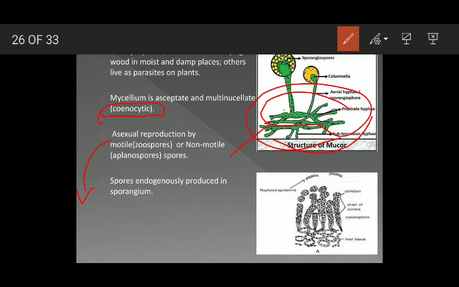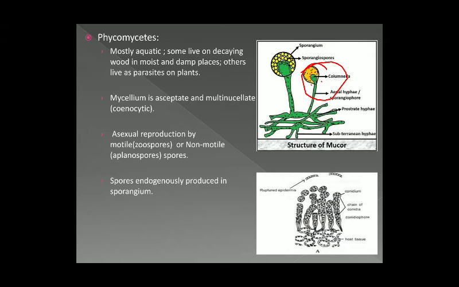Now the mode of spore formation. The spores in case of Phycomycetes are produced endogenously inside the sporangium. Here is the structure of the sporangium, and inside the sporangium many spores are produced. So the origin of spores is that they are endogenously produced.